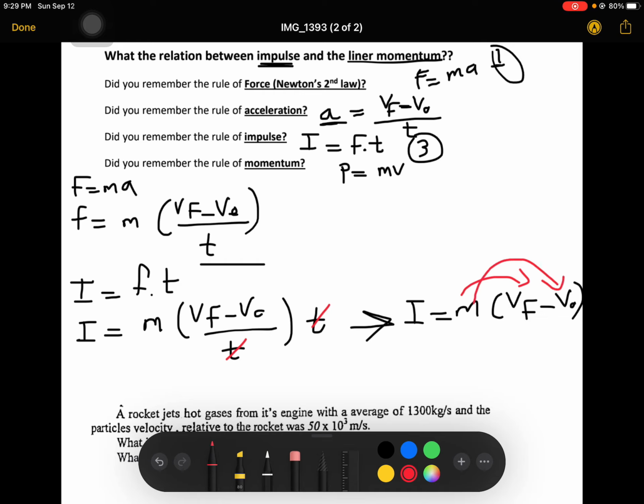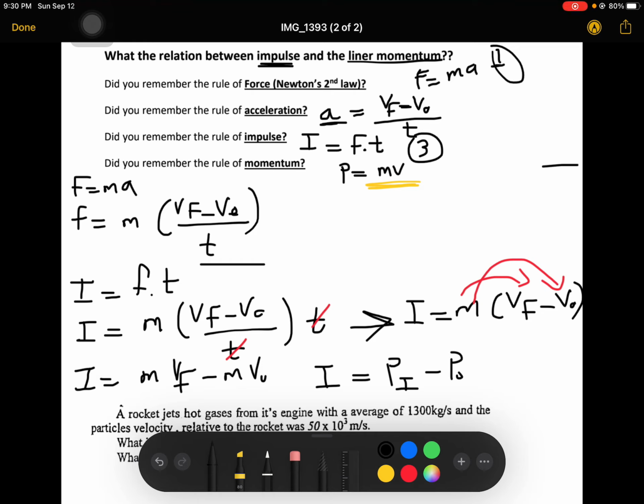By multiplying the two terms like that, it is going to be impulse equals m vf minus m v naught, and we already know from this rule that m times v is the momentum, so impulse equals p final, the final momentum, minus the initial momentum.